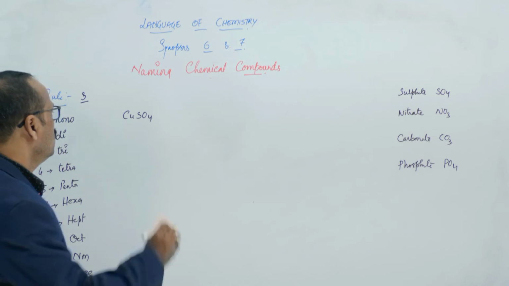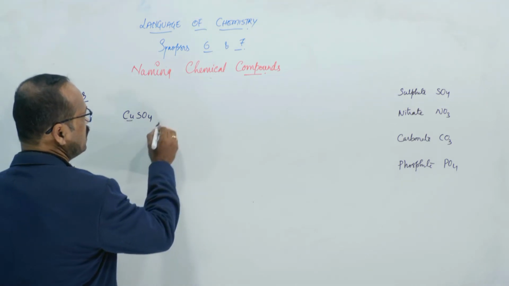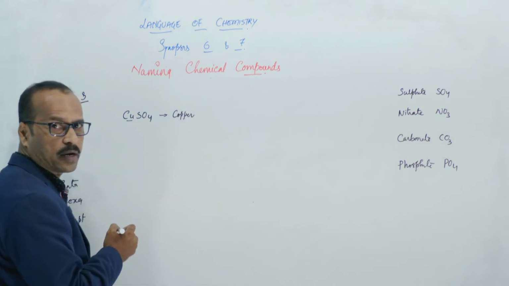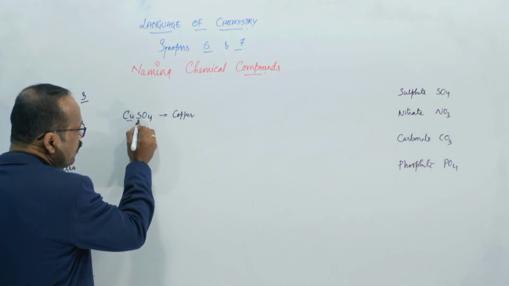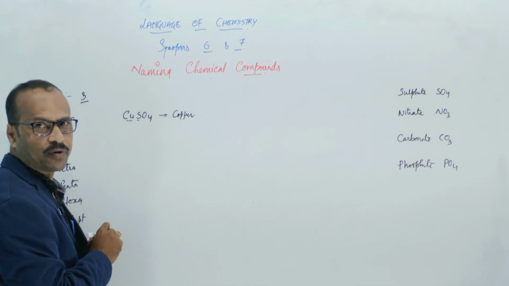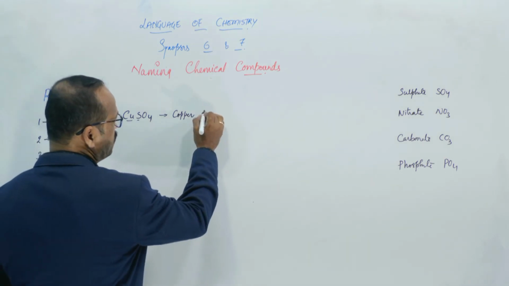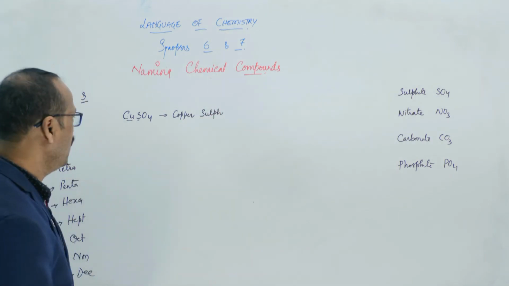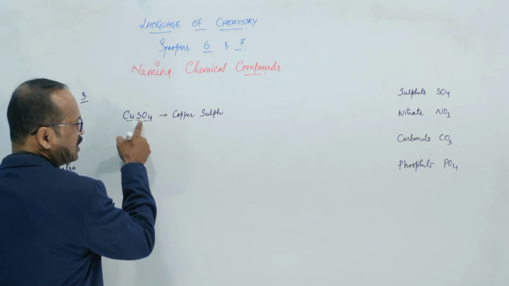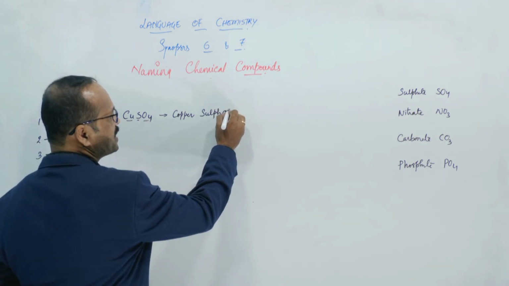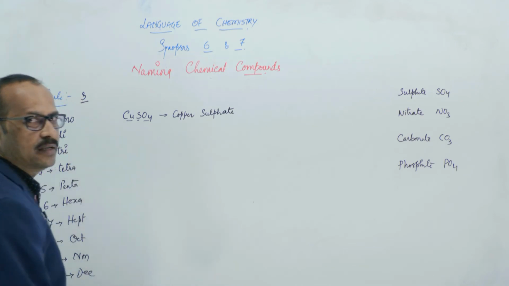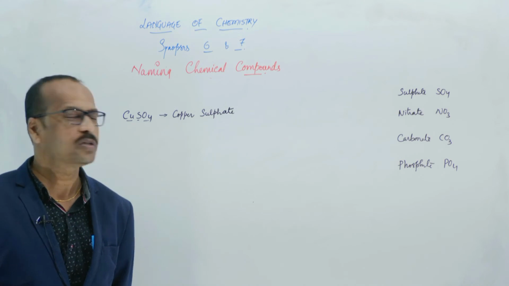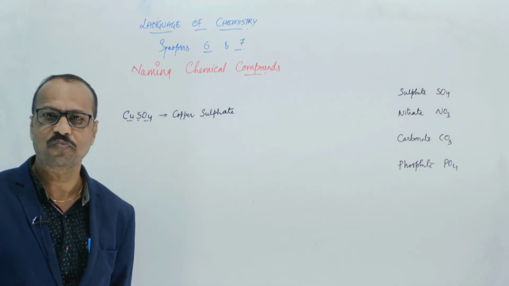Cu stands for copper, so I'm writing copper. Now the middle element here is sulfur. So just write sulfur, and then ending with O4, oxygen, you have to add the suffix ate. That is copper sulfate.